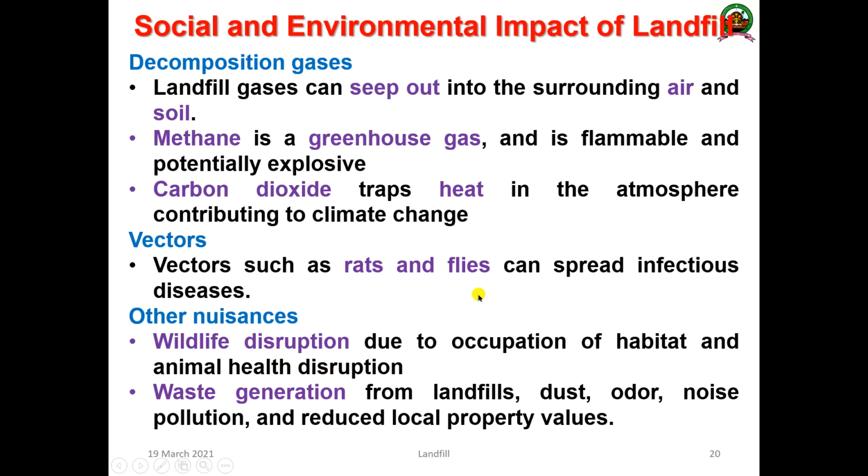If the waste materials are located near a forest, it will create a lot of problems. All this waste material can generate a lot of heat, and there can be a lot of flaming in the forest. So there is wildlife disruption due to the occupation of habitats and animal health disruption.